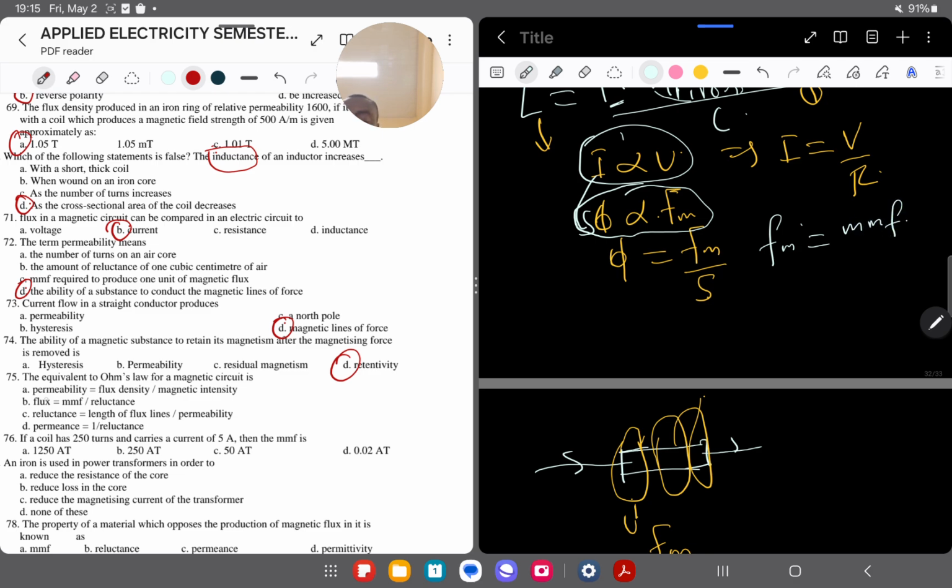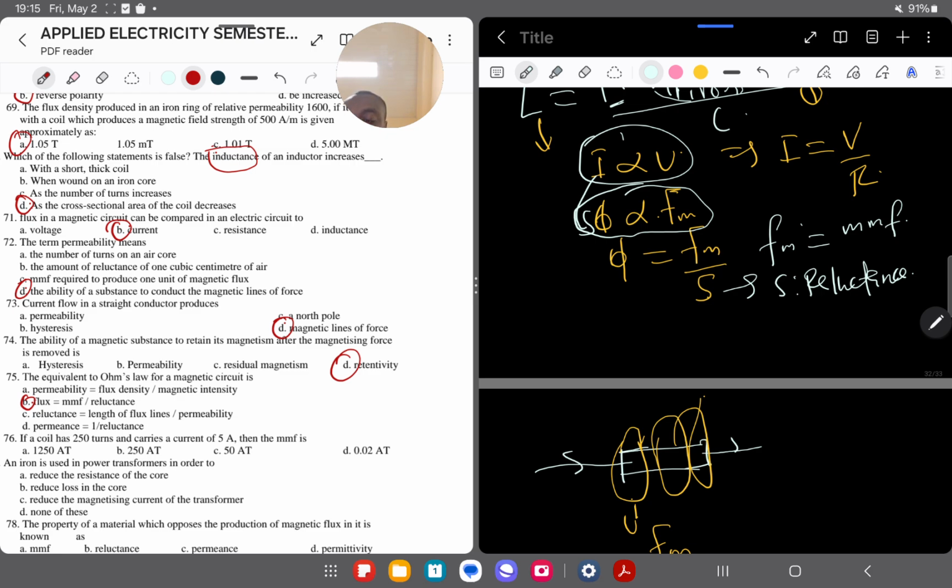So the answer here is B: flux equals MMF over reluctance, where S stands for reluctance.